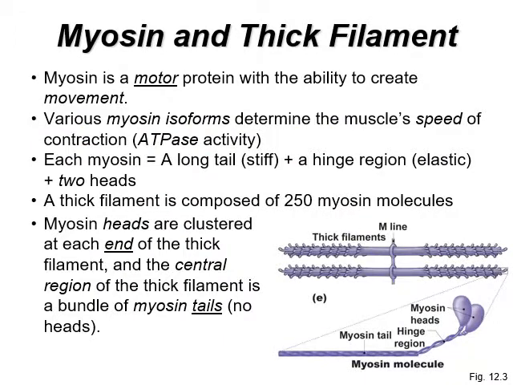So let's first look at thick filaments. We already saw this is part of the contractile or motor proteins. This is what's going to cause the contraction to take place. We saw this myosin molecule has a tail region and then the head region. You can see there are 100 of these arranged to make the thick filaments of the sarcomere.